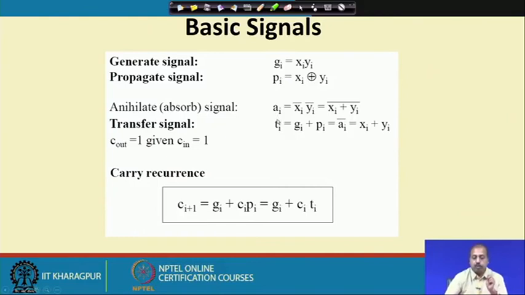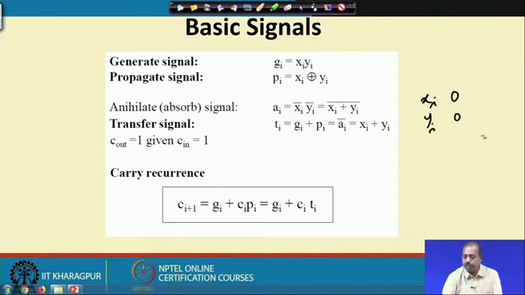Now, when a carry will not propagate, it will be absorbed if ai is xi bar and yi bar. If both xi and yi are 0, then the carry that was coming from the previous stage will get absorbed there. If there is a carry coming from the previous stage, it will get absorbed in the sum, and the carry generated from this stage is 0.